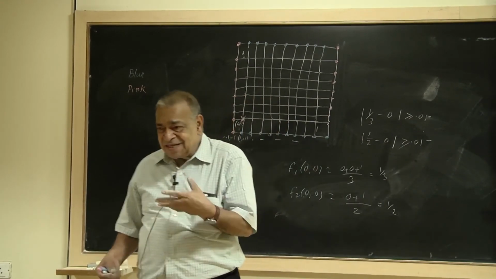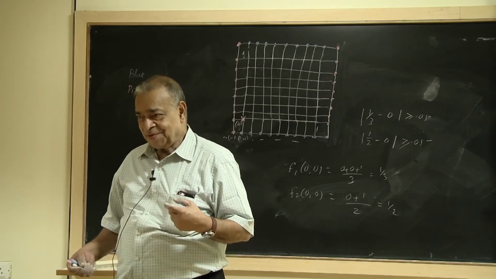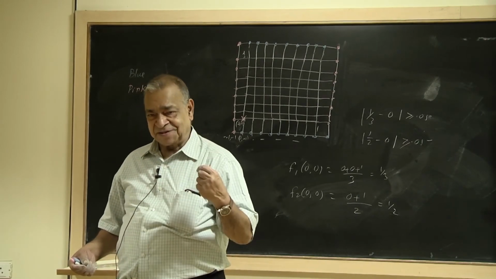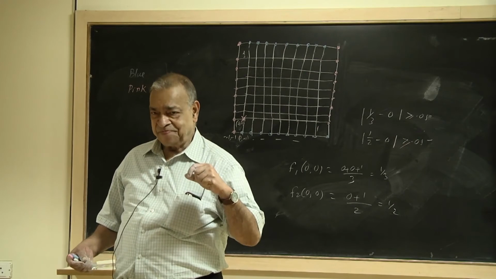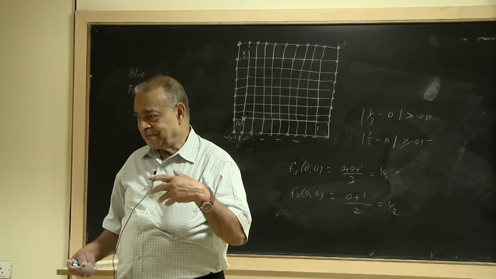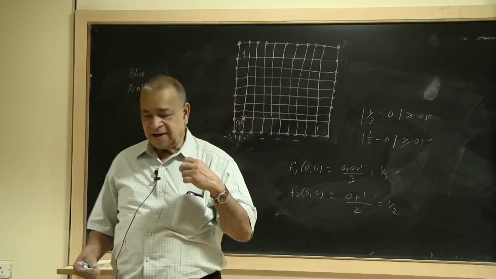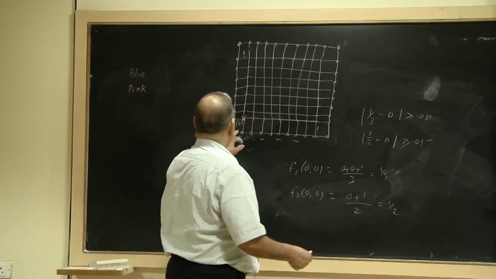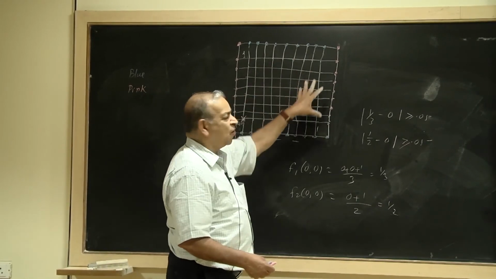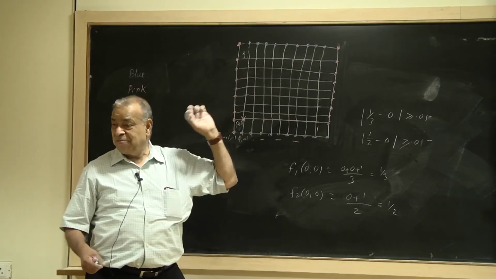But this is against the fixed point theorem. We know a fixed point exists, so it cannot happen. You follow me? If the fixed point theorem is true, then you will not be able to do this coloring for all points. You will not be able to color all the points.